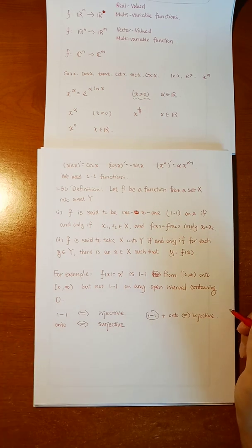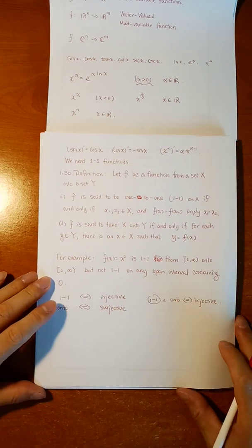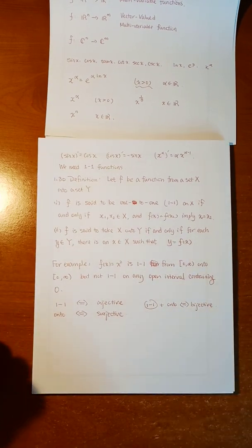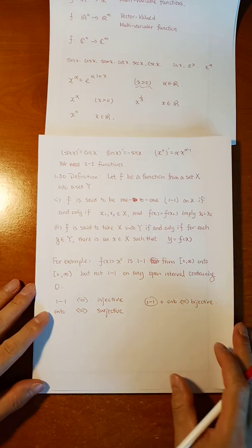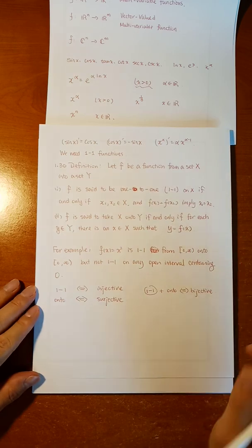Okay, one-to-one plus onto is called bijective. Those properties. Okay, so since we will use these one-to-one and onto properties a lot, let's see some simple discussion about those properties.